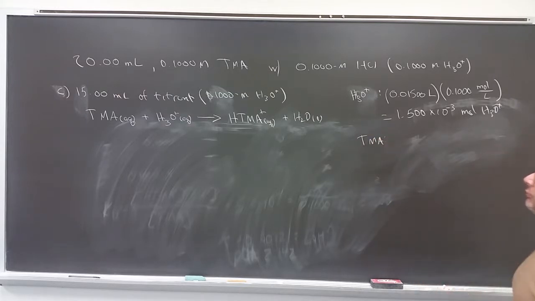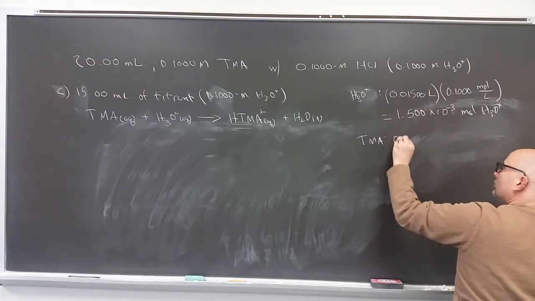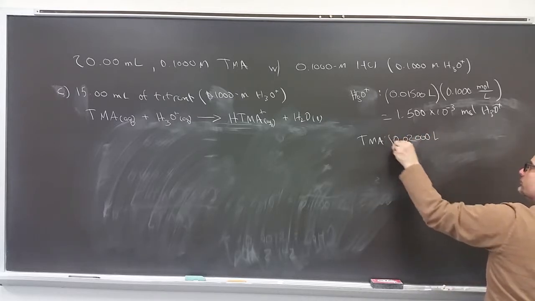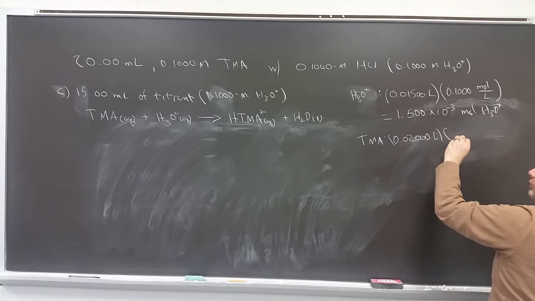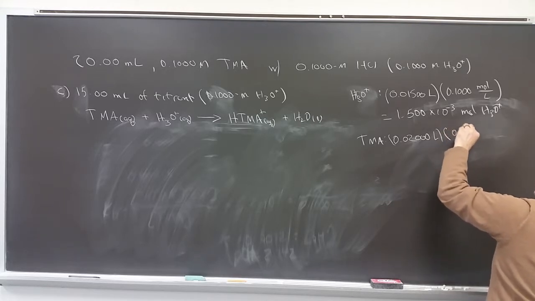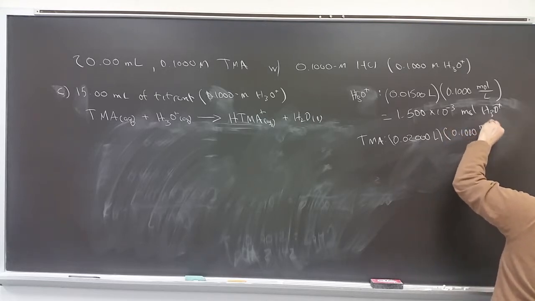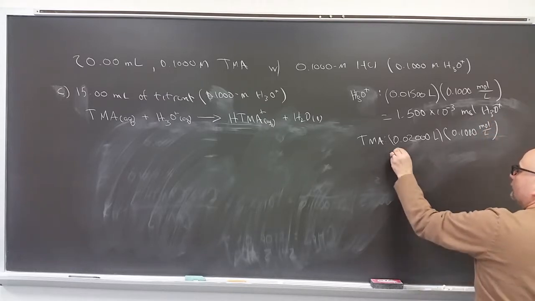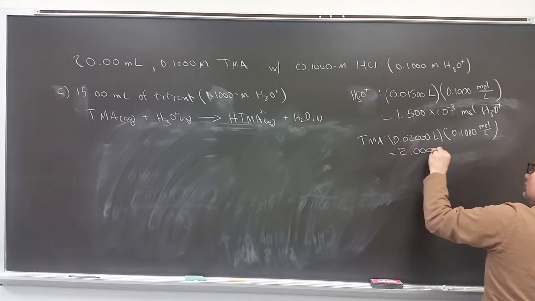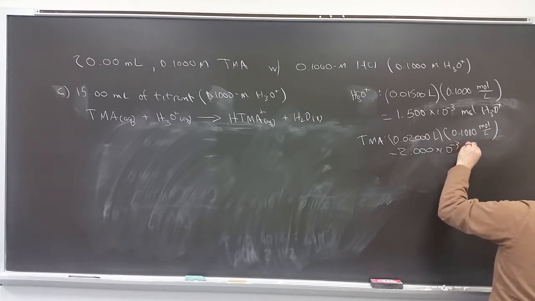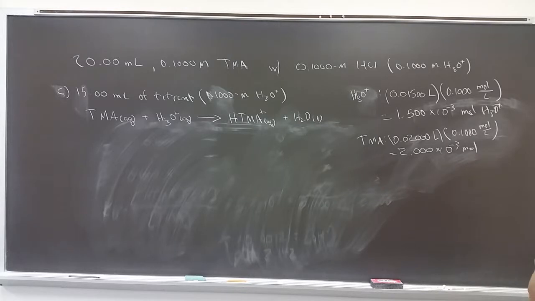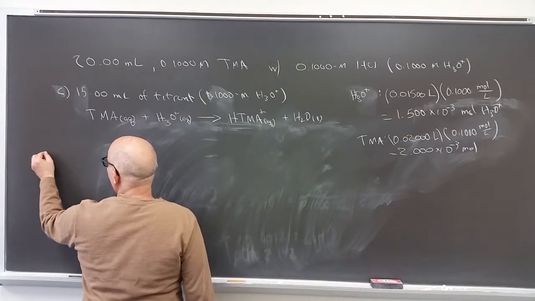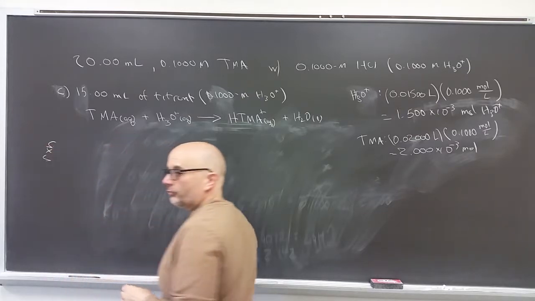The trimethylamine, you were told that you had 20 milliliters or 0.02 liters of the stuff with a concentration of also 0.1 mole per liter. So that's going to correspond to an amount of 2 times 10 to the negative 3 moles, or 2 millimoles. So now we're going to build not an ICE table, but what I like to call a reaction table.